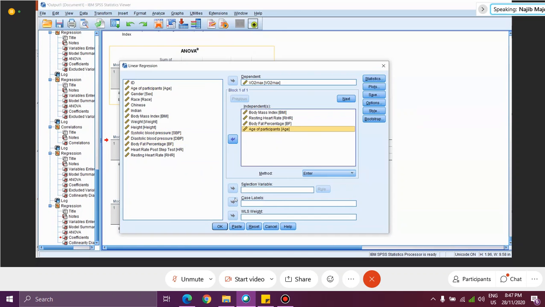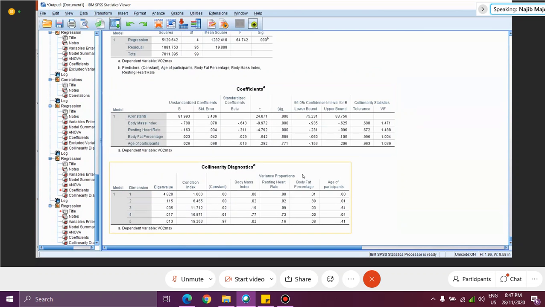Okay, still acceptable, right? So even though the correlation matrix indicates high collinearity, in the collinearity statistics it is still acceptable, right? So the researcher needs to decide whether to retain the variables or to remove the variables based on suspected multicollinearity from the correlation matrix. Okay?